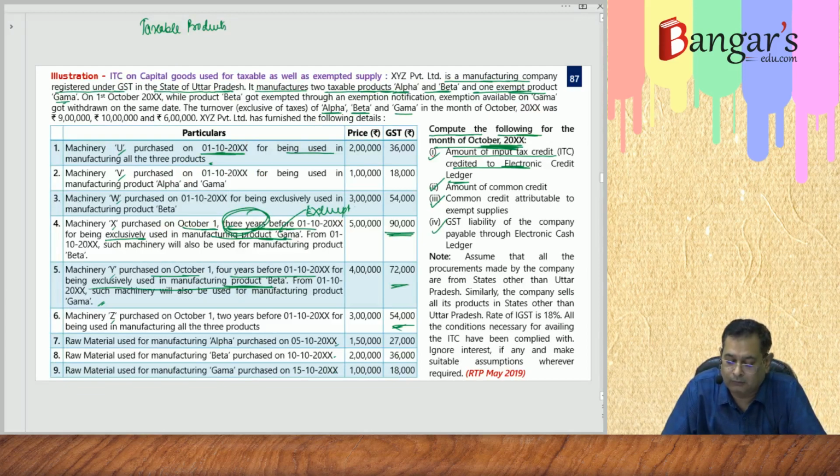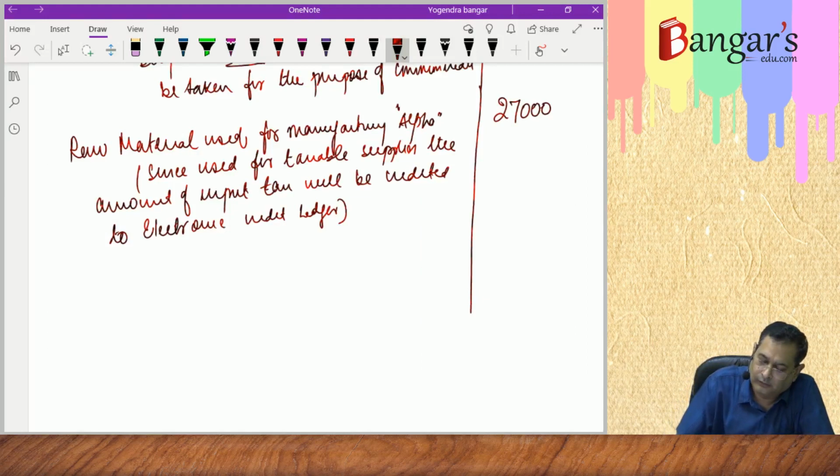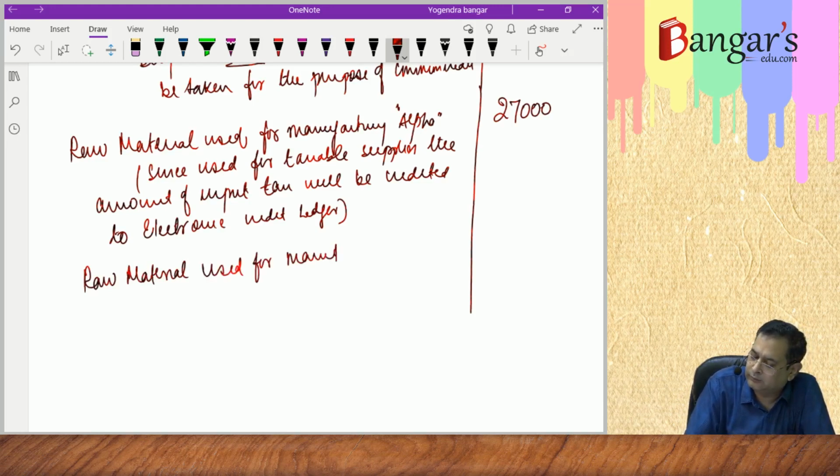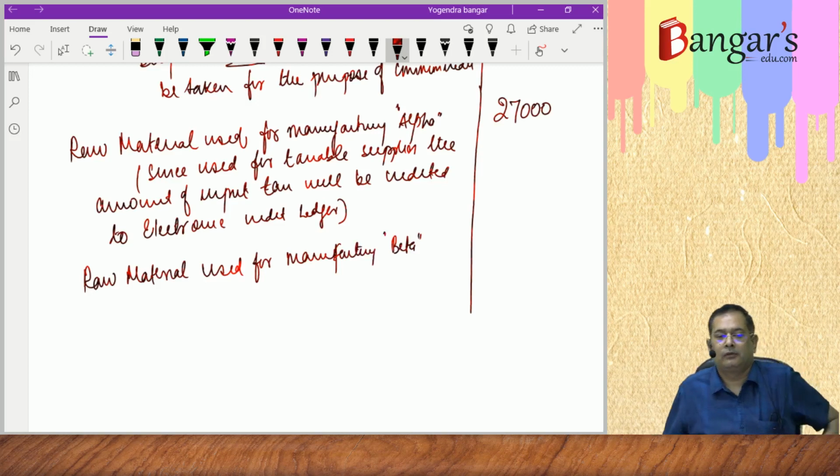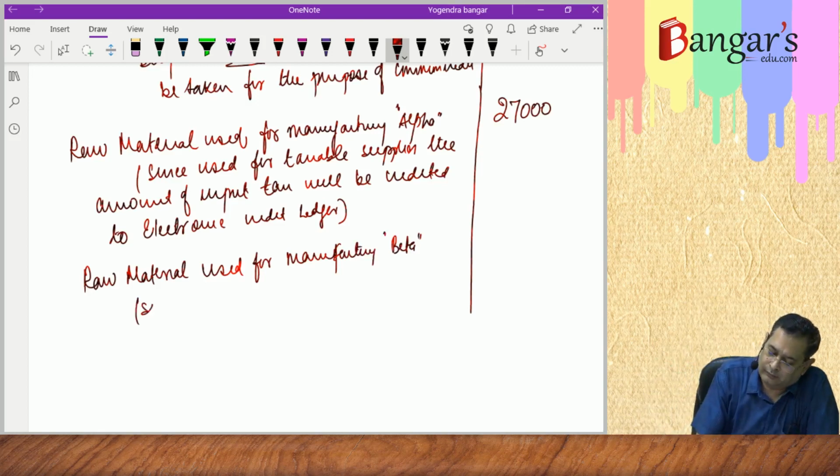Then raw material used for manufacturing beta, since used for effecting exempt supplies, since used for what?